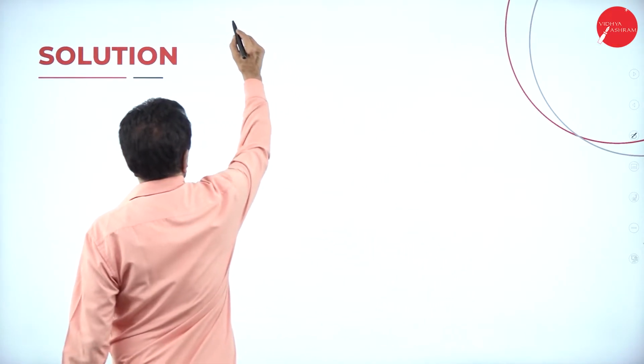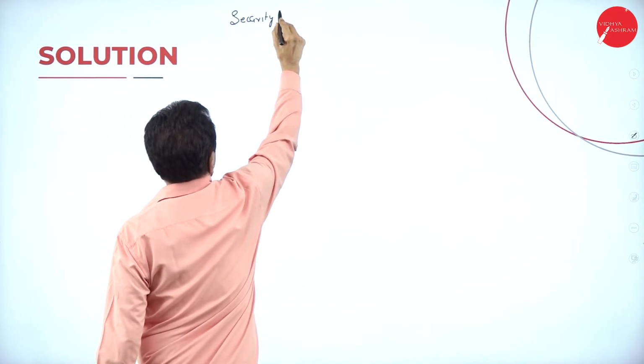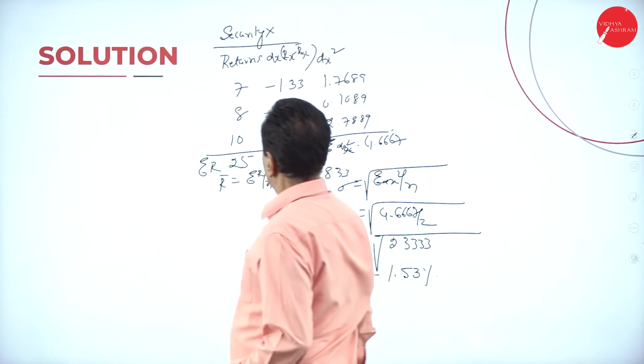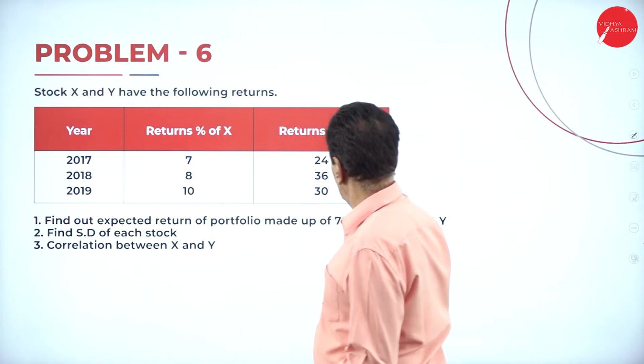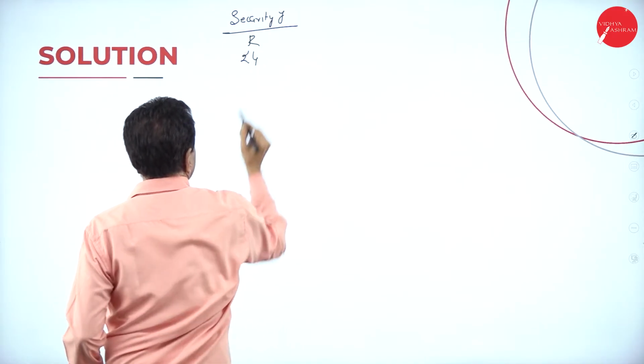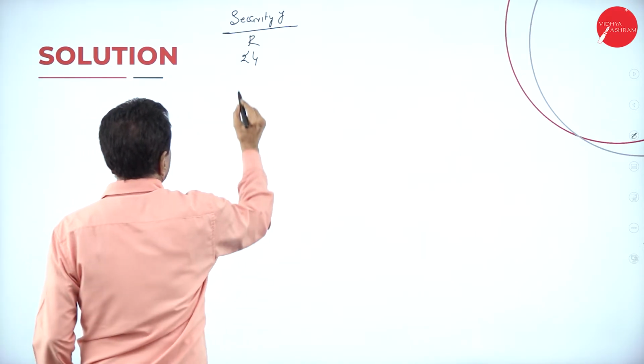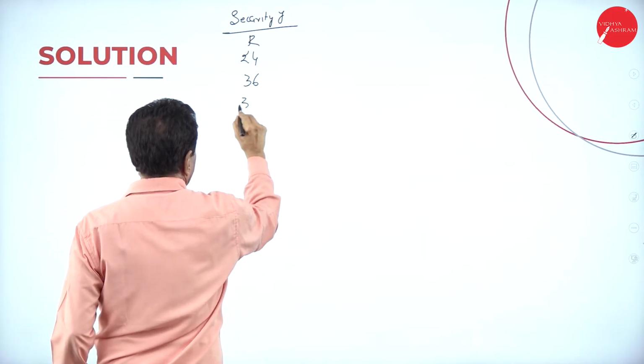Then security Y. What are the returns? 24, then 36, 30.